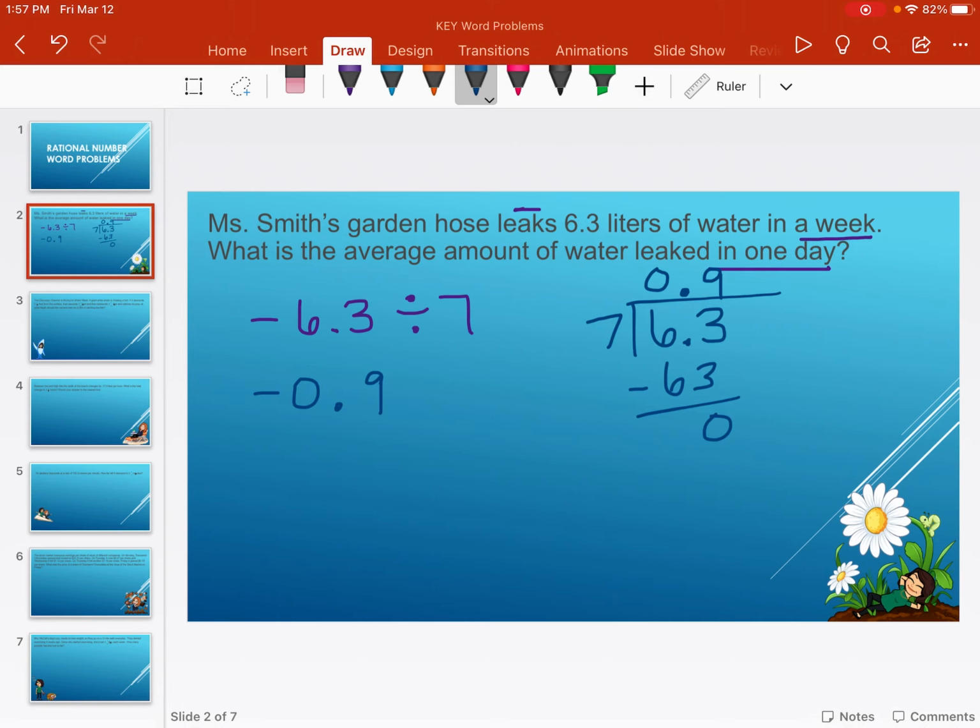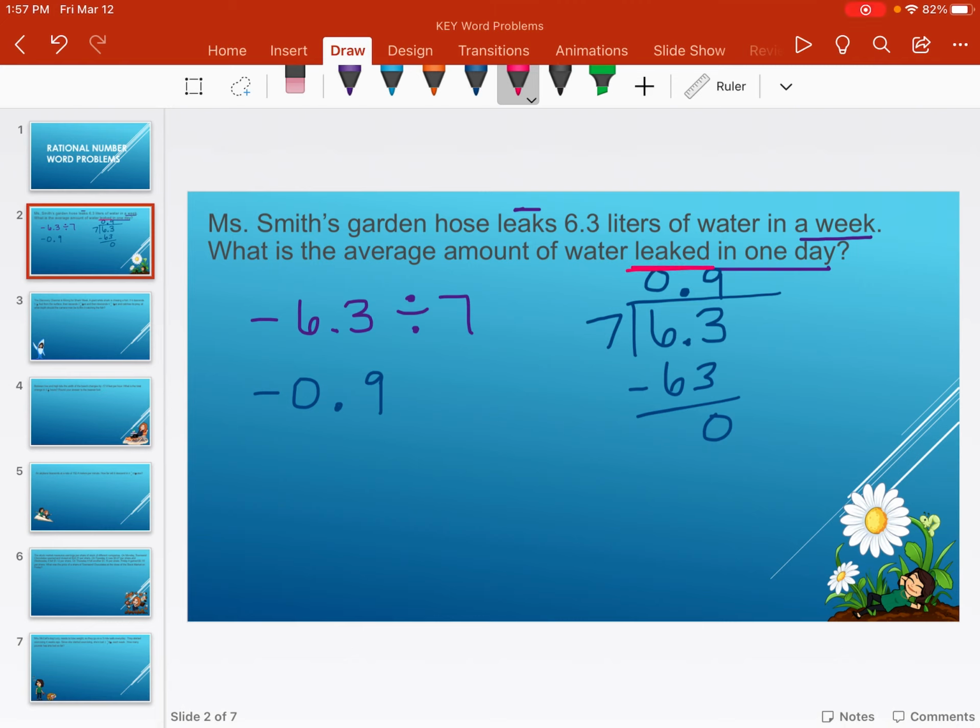The one extra thing that we have to think about when we are doing these rational number problems is reading the actual question and deciding if we're going to keep our answer negative, or if we're going to change it back to positive because there's a word in the question that would use absolute value and bring it back to a positive number. So when I go back and read the question, what is the average amount of the water leaked in one day?